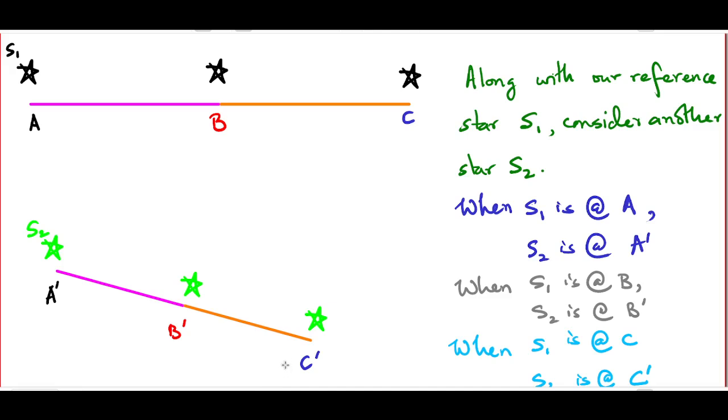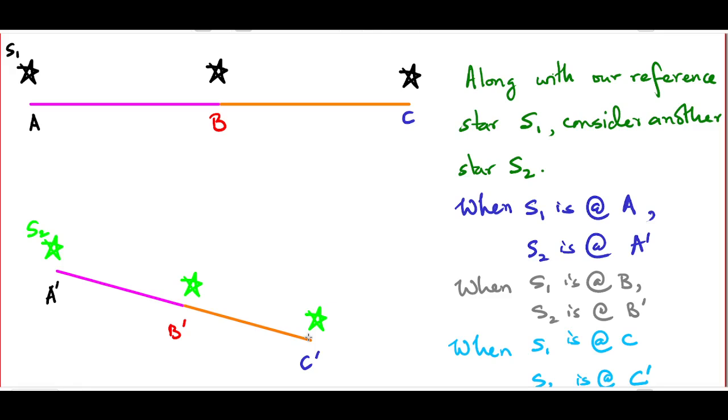Once again, Newton's first law already guarantees that these 3 points, A prime, B prime, C prime, will be along the same straight line. Not of course the same straight line as this, some other straight line, but a straight line nonetheless. Now, different stars, although they are acceleration free, can very well have different velocities.